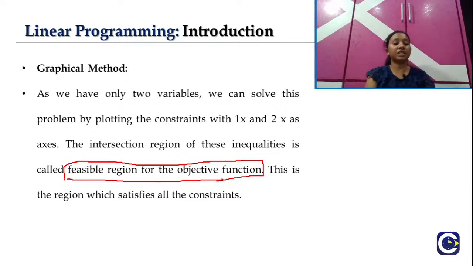Because whatever we need, either the maximum value or the minimum value, both will be present in the feasible region only. It has to follow all the constraints mentioned, so the answer will be lying in the intersection region of all these constraints.